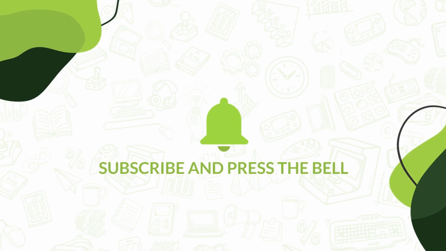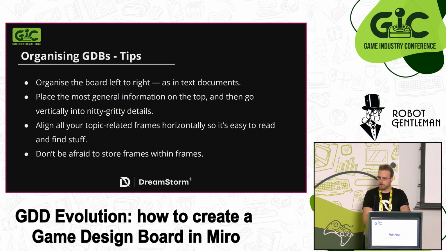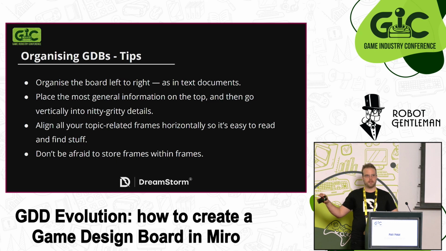So, a few more tips on how to read and organize a game design board. Read left to right, with the most important and general information to the left, and go into the details on the right. When we work on our projects, it might happen that one frame, one part of this horizontal slice, suddenly becomes a whole level on its own once you get into the details of it.